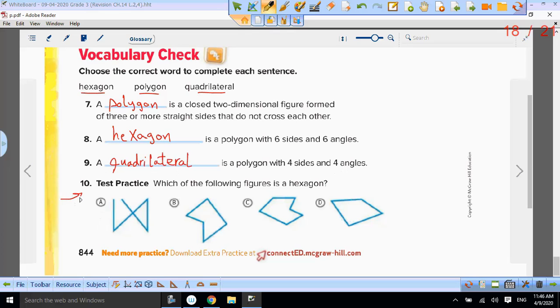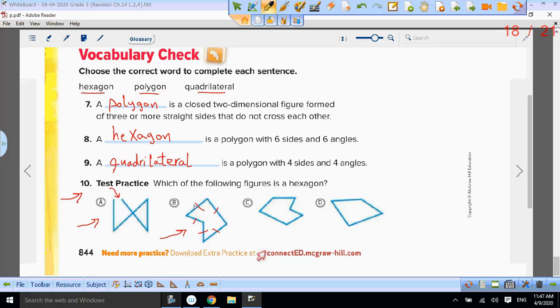Okay. For question 10, which of the following figures is a hexagon? Let's see. The first one is not a polygon. Why? Because it is open, not closed. Okay. This one has how many sides? 1, 2, 3, 4, 5.